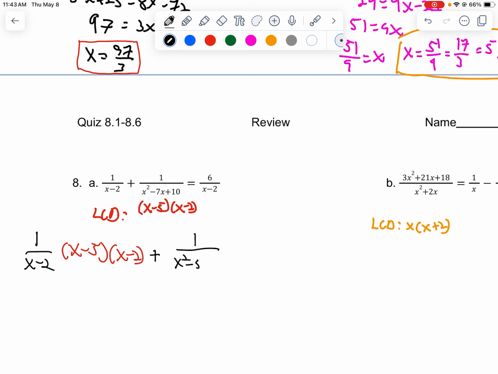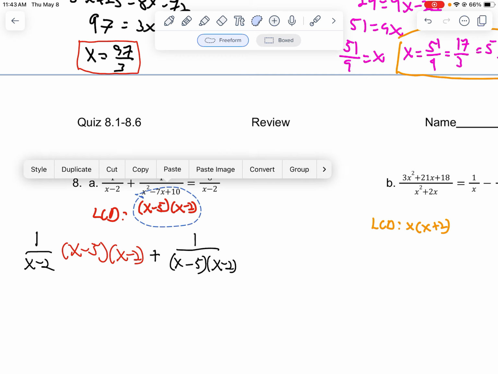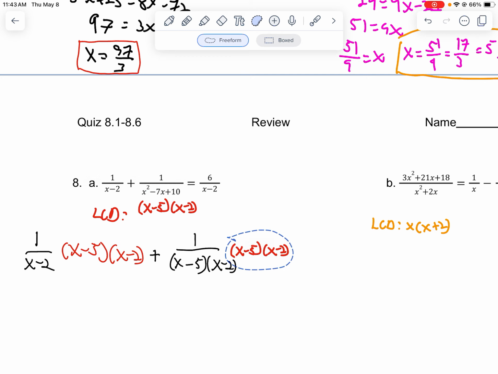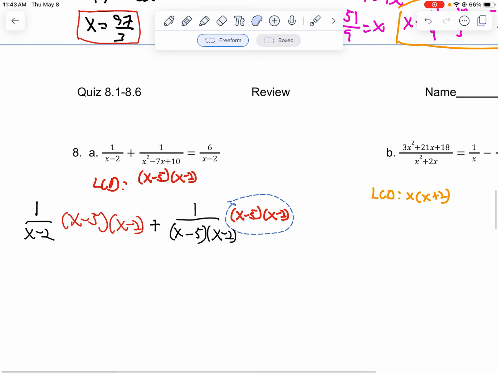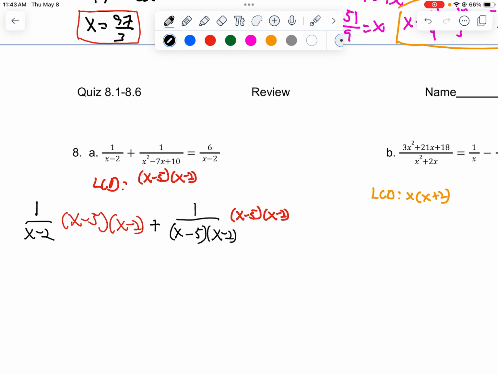Oh, sorry, that's not factor form. Again, I'm going to multiply by the LCD. And then this is going to equal the 6 over x minus 2. Again, we're going to multiply by the LCD.